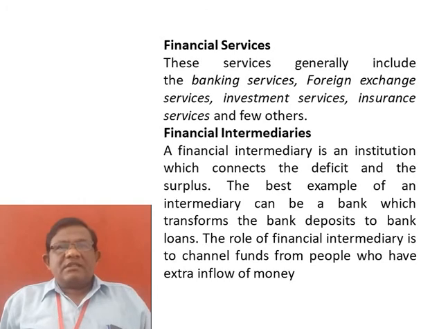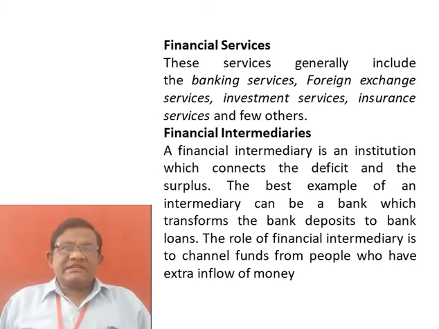The other financial institutions, the main three elements, are the insurance sector, mutual funds, and development banks. Two notable insurance institutions are the Life Insurance Corporation of India and the General Insurance Corporation. The most prominent mutual fund institution is the Unit Trust of India.